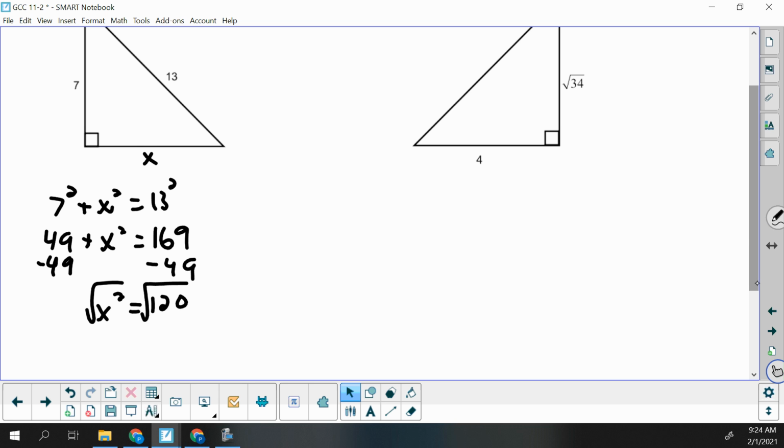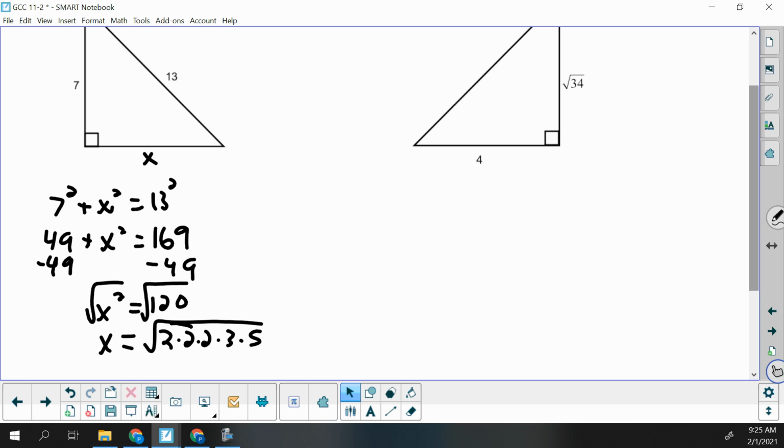But if it doesn't say to round, we should be given an exact value, so we'll need to do a prime number factor. So do prime number factor on a calculator page, and you're only putting in the 120, not the square root. When we get that, we should have 2 to the third, so 2, 2, 2, 3, and 5.